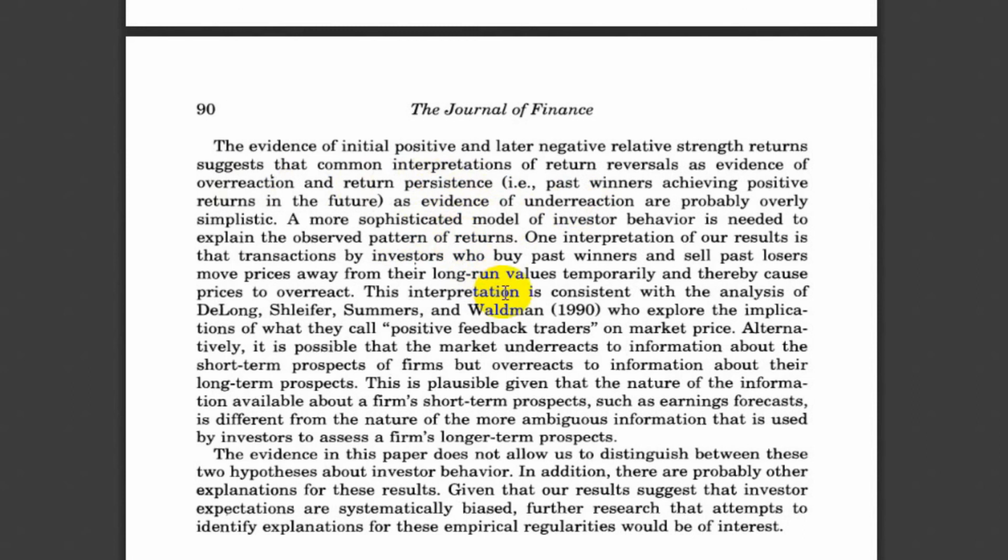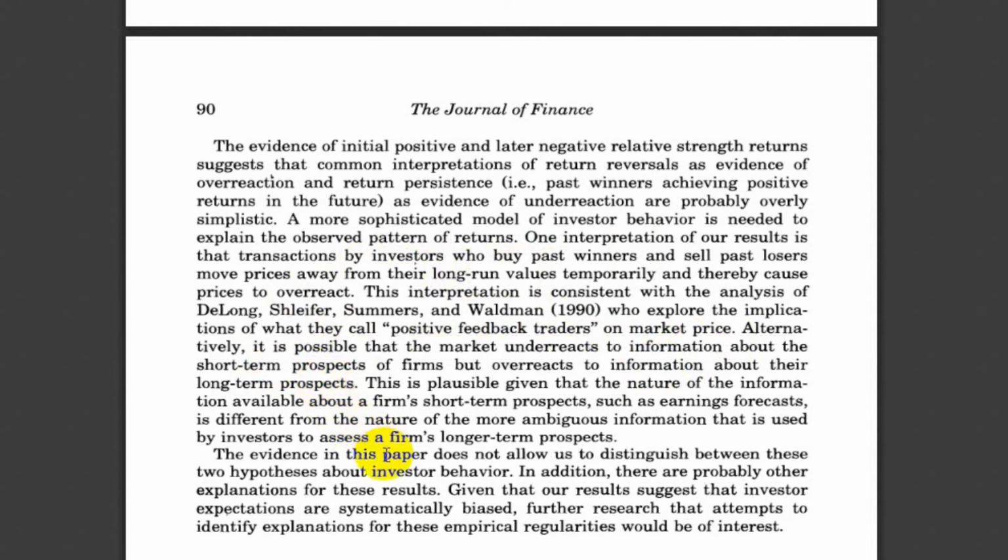So one interpretation is by these authors, who suggest that investors who buy past winners and sell past losers move price away from their long-run values temporarily, and this causes the prices to overreact. And it also could be possible the market underreacts to information about short-term prospects but overreacts to long-term information.